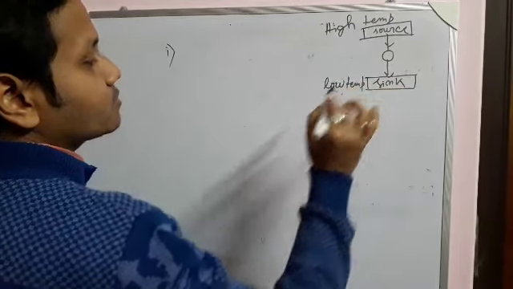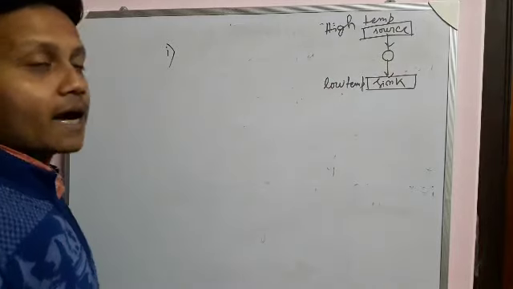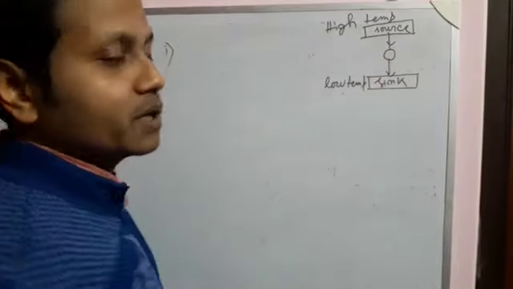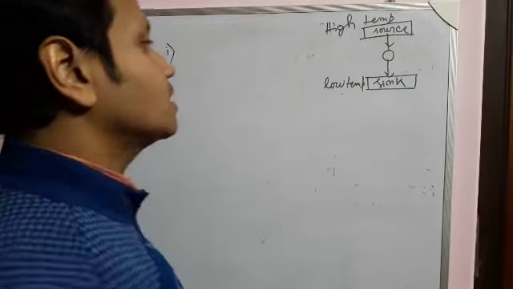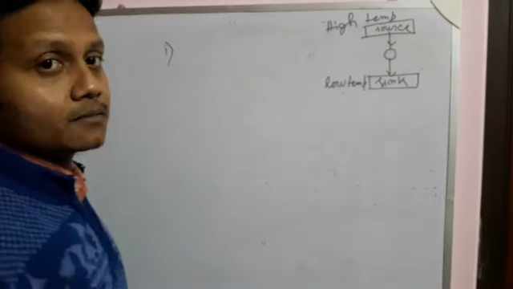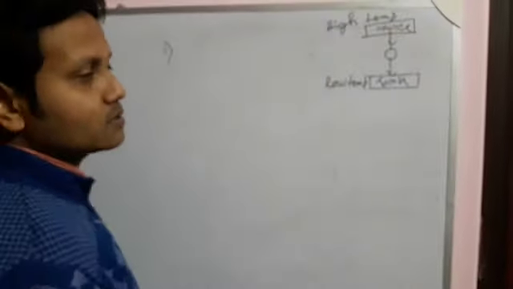Remember there are three parts of a Carnot engine: a body at high temperature, the source; a body at low temperature, the sink; and the third one, the working substance. Generally we take a perfect gas as the working substance.